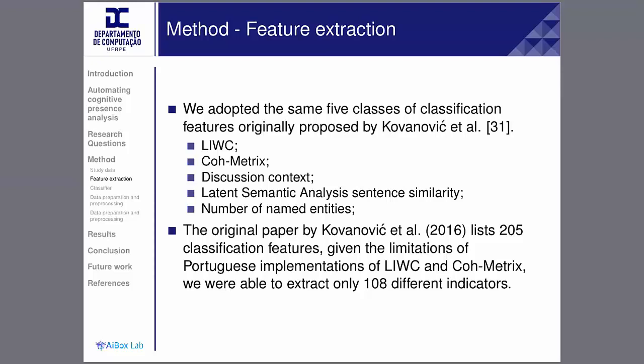But as we are using a Portuguese data set, there are some limitations regarding the LIWC and Coh-Metrix implementations. So we use just 108 different indicators for both data sets.